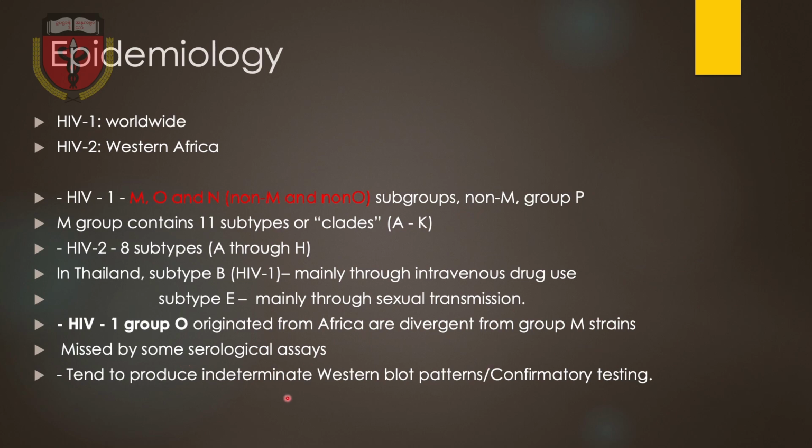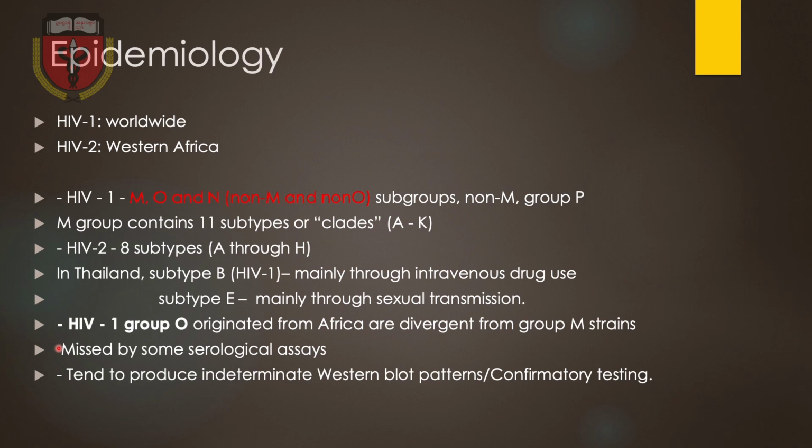So why do we care about all these HIV subtypes? One important thing is that when we establish an HIV diagnosis by serology and lab tests, it can sometimes be missed, depending on how a lab test is developed, or on the manufacturer and what protein type they are targeting. They basically target HIV-1 because it is found worldwide.